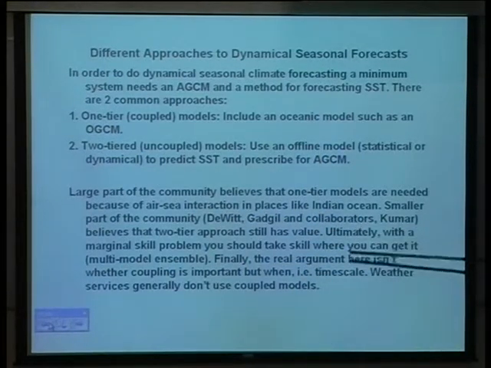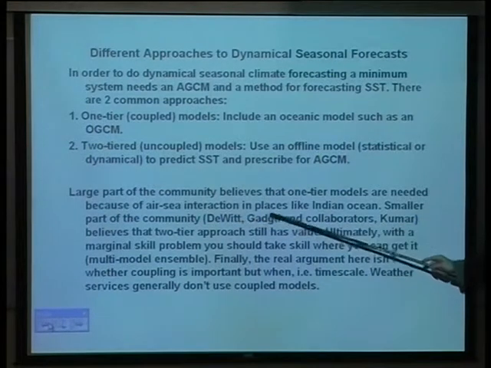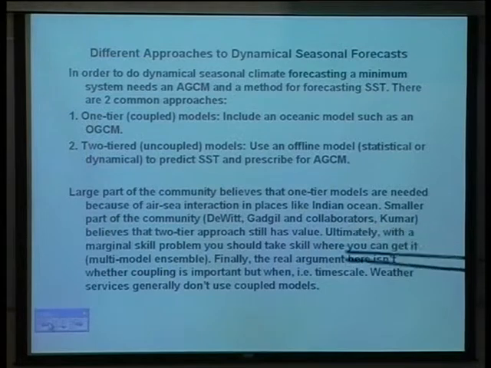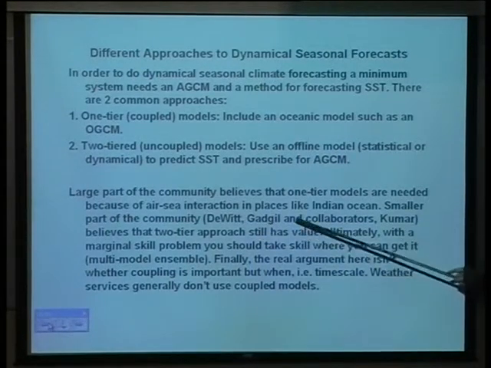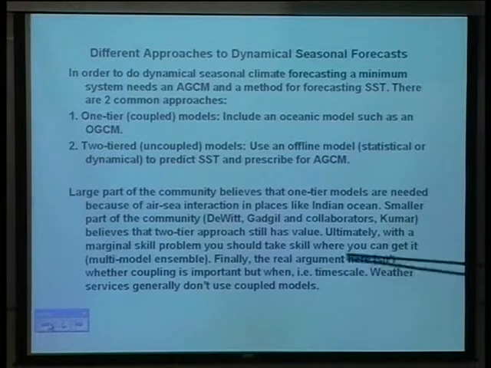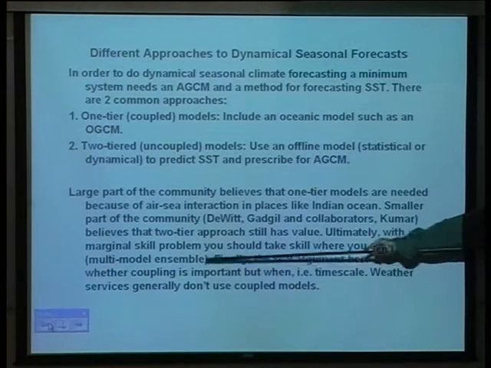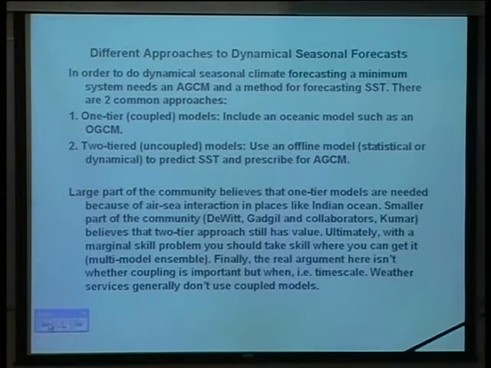And a smaller part of the community, including me, and Sulochana and colleagues at IISc, and their collaborators, and Arun Kumar, for instance, at CPC, thinks that the two-tier approach still has some value, okay? And from my philosophical viewpoint, ultimately with this marginal skill problem, you should take the skill where you can get it, because you can combine these things into a multi-model ensemble.